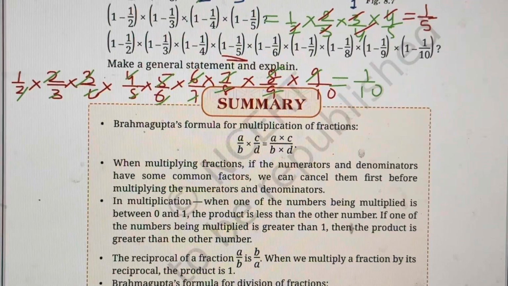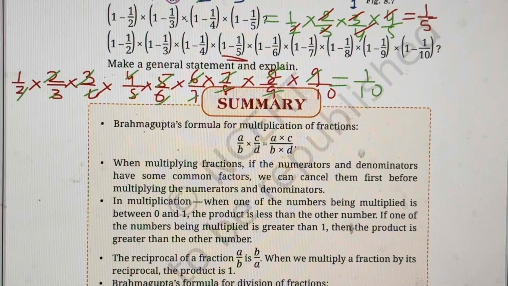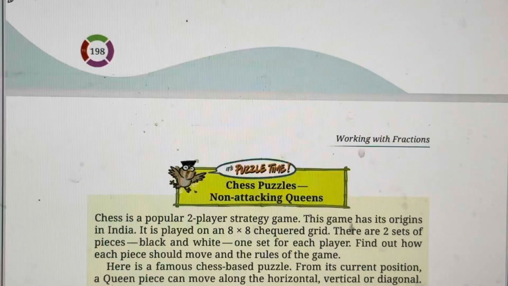So if you observe over here, the answer is the last fractional number. Here, see, 1 upon 3. This is half. Here it is 1 upon 5. Here it is 1 upon 10. Right? So what will be the general formula? I'll write the general formula over here.